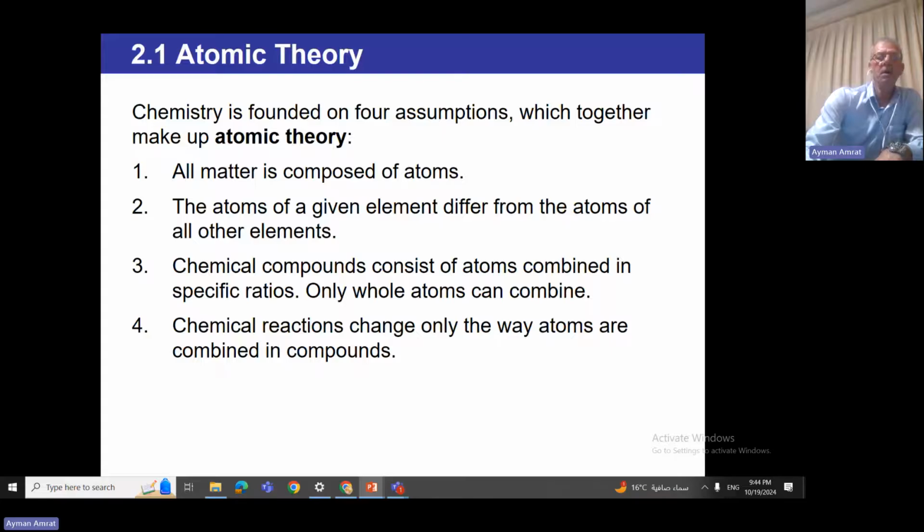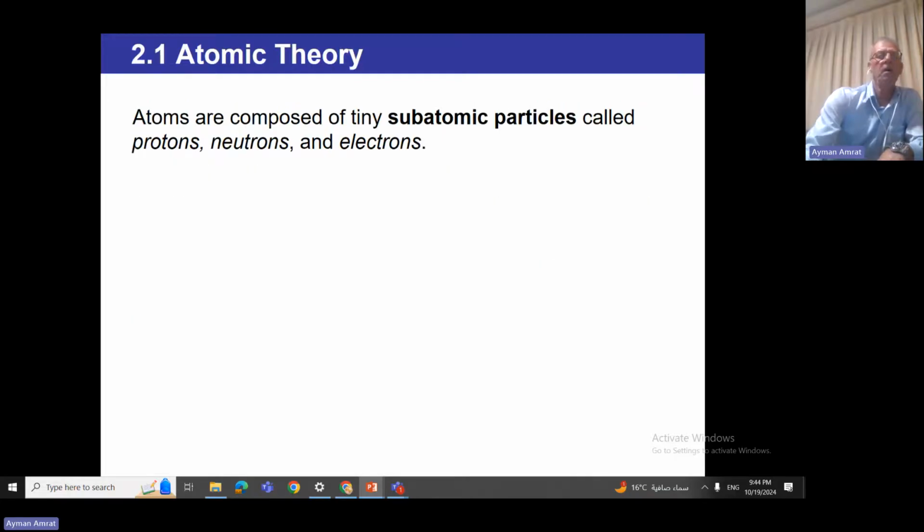Now let's take a look at the atomic view. Atoms are composed of tiny subatomic particles called protons, which are positively charged, neutrons, which are uncharged, and electrons, which are negatively charged.